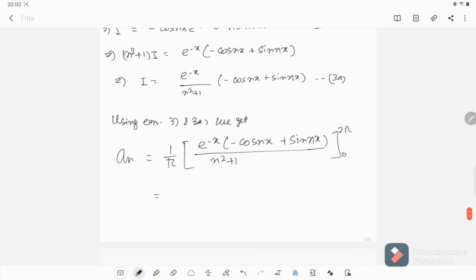So that would produce 1 by pi, e to the power minus 2 pi, and this will give you minus 1, and this will give you 0, and that would give you again e to the power 0, that is 1, and minus that by n square plus 1.